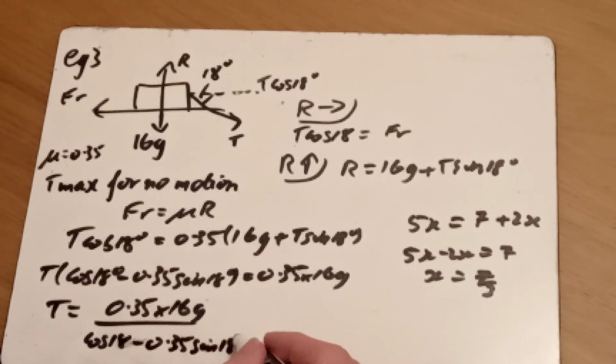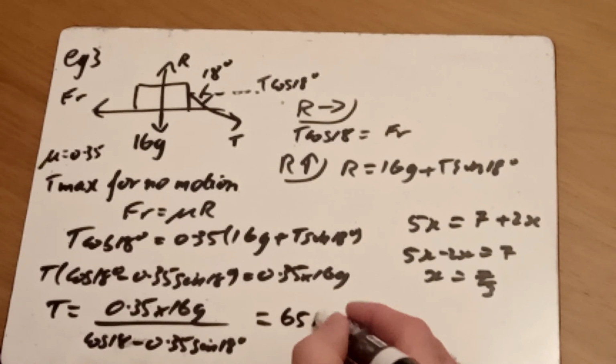There's no cancelling down, just because I've got 0.35s appearing somewhere in the top and the bottom. It's not common. So press my buttons at the very, very end, remember. So fraction button, type it as it is. 0.35 times 16 times 9.8, and then I've got cos 18 there, minus 0.35 sine 18 there, press equals 65.1 or 65 newtons.